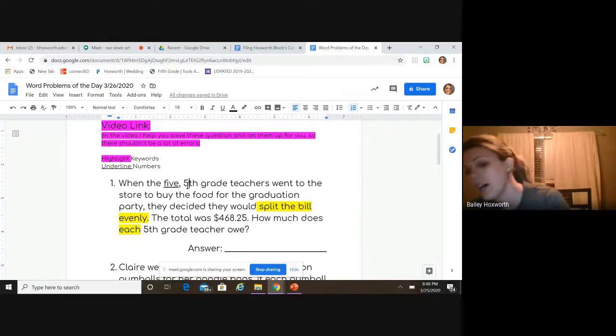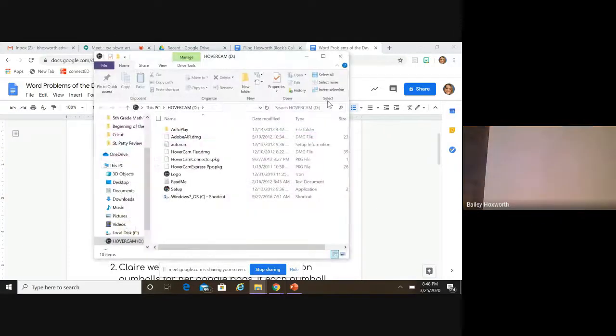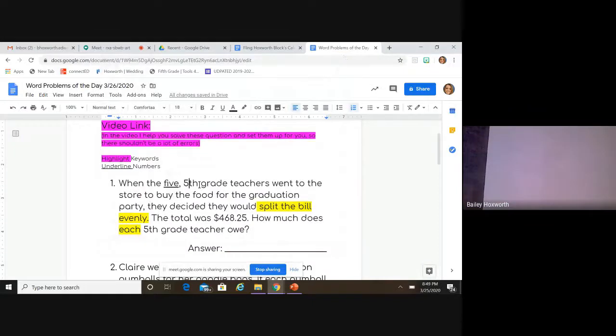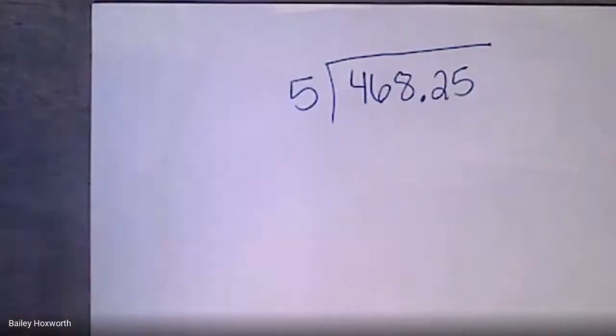So I have a total, so I need to divide it by 5. So let's take a look here at my screen. We have $468.25 being separated into 5 teachers evenly.